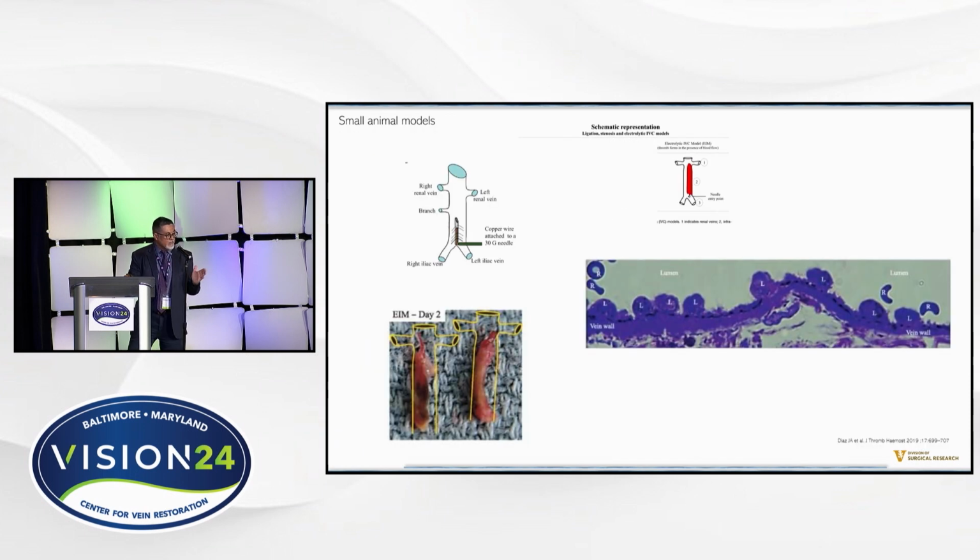Now, for the EAM, or the electrolytic model, what we use is a copper wire that is inserted in the vena cava, and we can go into detail later, but that generates a prothrombotic area that leads to inflammation and promotes the different stages of the thrombosis in this animal model. Now, the big difference between this model and the other two is that this thrombus grows up to 80% of the lumen of the inferior vena cava, which allows a constant flow, and we will see later why this is important.